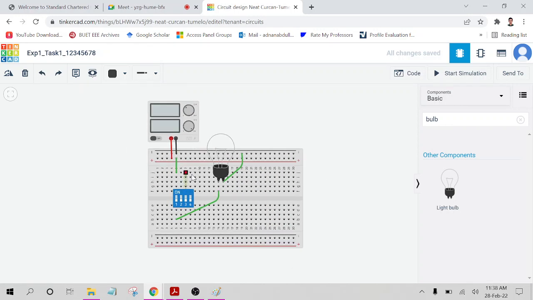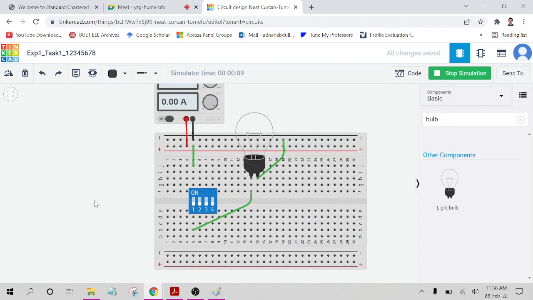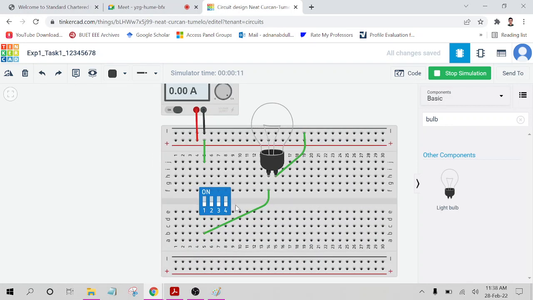Okay, sir. Now, if everyone is done with the connection, simulation start. The bulb is not on, right, because the switch is off. So place your cursor on the switch and just one left click, the bulb should be on.